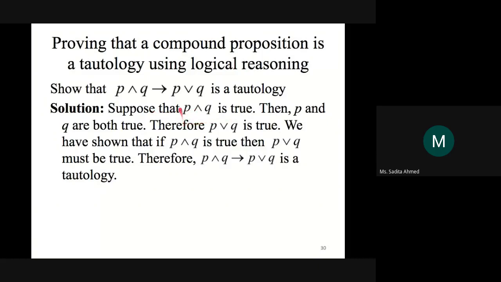So the assumption is that P and Q is true. If this is true, think about it. What does it mean for the value of the variable P and the value of the variable Q? Focus on the definition of the operator in the middle. What is the definition of the and operation? By definition of the and operation, what can you say about the truth value of P and the truth value of Q, guys? Yes, both of them have to be true.